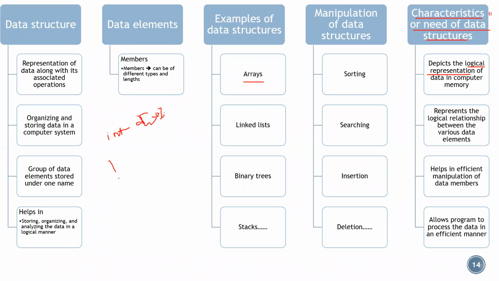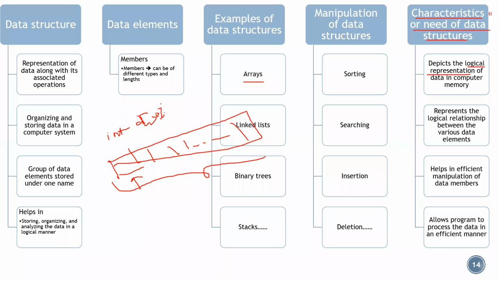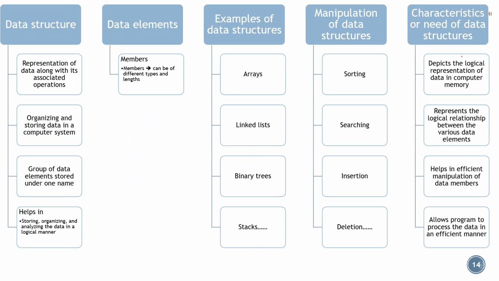So what this indicates is you will be having 50 such memory locations, and in each location you can store one integer data type. So this is the logical representation, in this case the array, which is nothing but a data structure in our case. It depicts the logical representation of the data which is present in the memory.